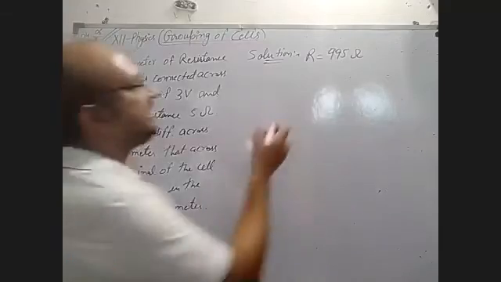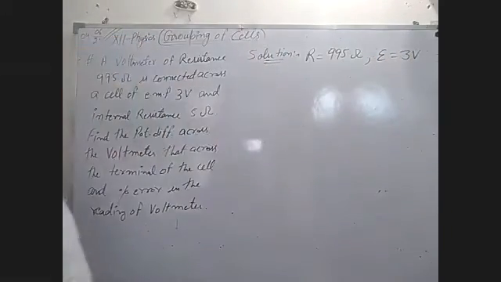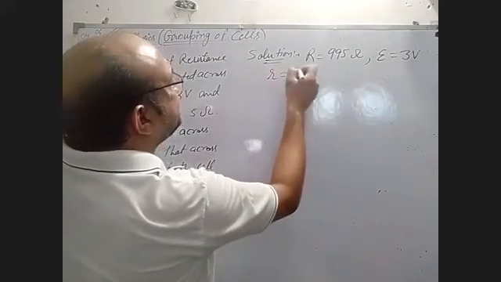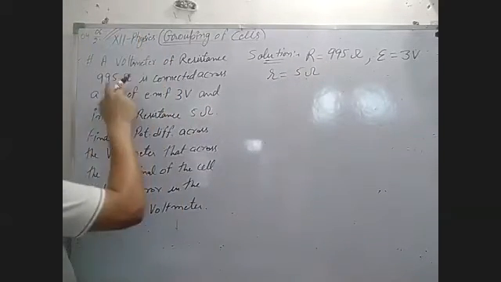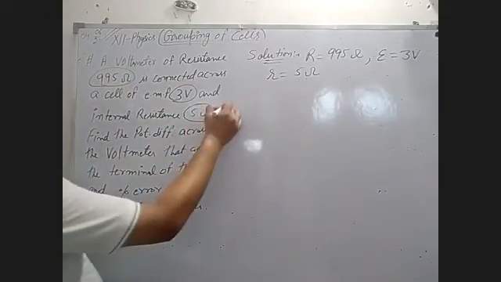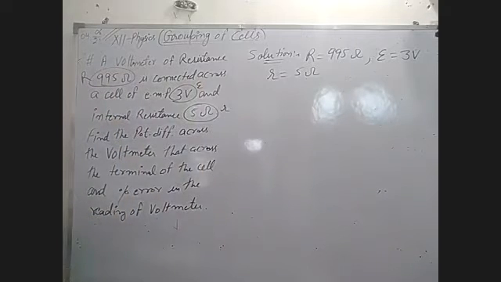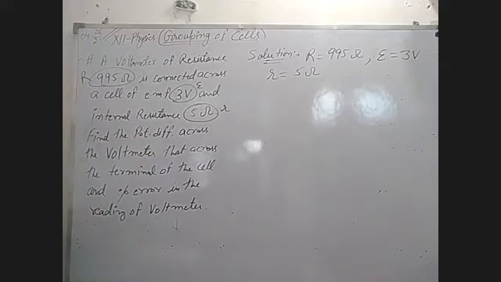What is the value of EMF? 3 volt. And small r, internal resistance, is 5 ohm. This is internal resistance, this is EMF, and this is external resistance. Now you have to calculate potential difference.